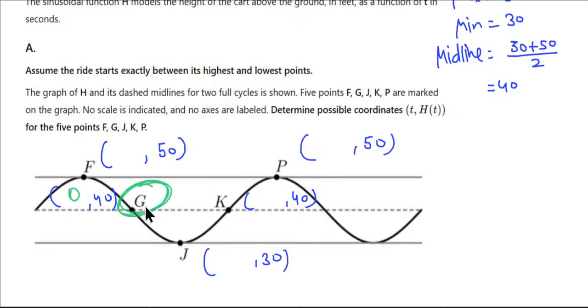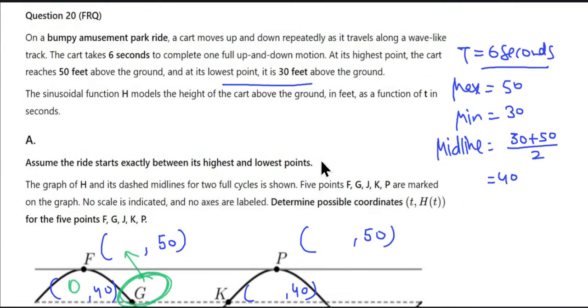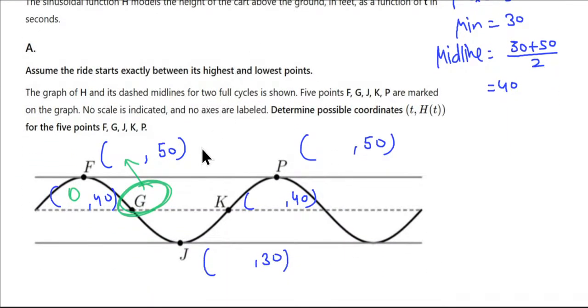But that won't work, because if t is 0 for G, then F will have a negative time. Unfortunately, they are nowhere mentioning that this is a Back to the Future 2 kind of situation, so we cannot have time traveling with a negative time. So we cannot take G as 0.